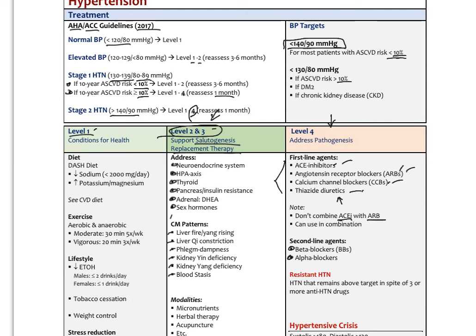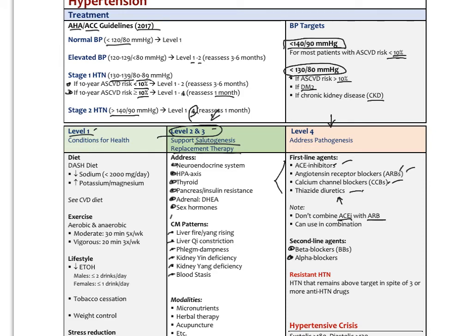If their ASCVD risk is over 10%, or if they're type 2 diabetic, or they have chronic kidney disease, the blood pressure target is 130/80, so under 130/80. So those are just some targets to keep in mind.